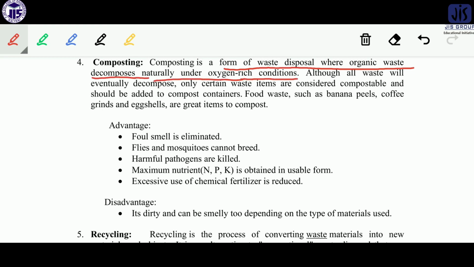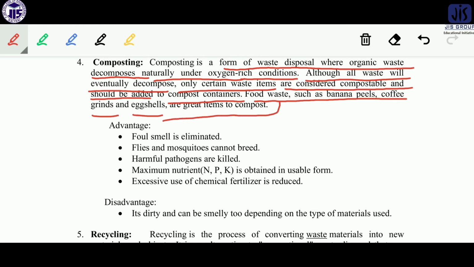Although all waste will eventually decompose, only certain waste items are considered compostable and should be added to compost containers. Food waste such as banana peels, coffee grounds, and eggshells are great items for composting.